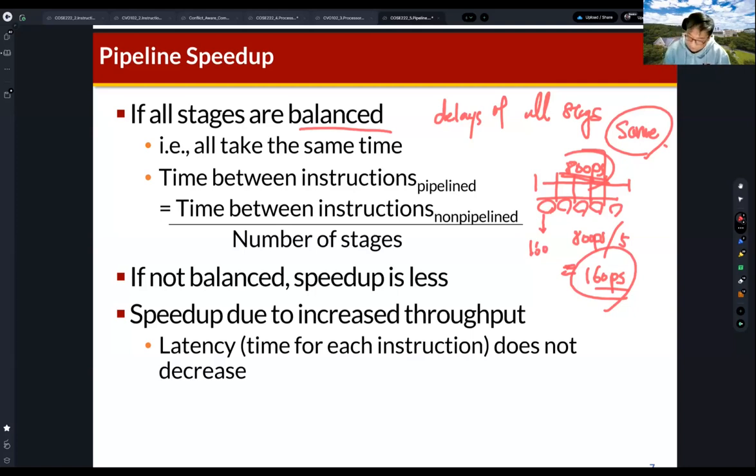In this case we can increase the performance by 5 times, right?